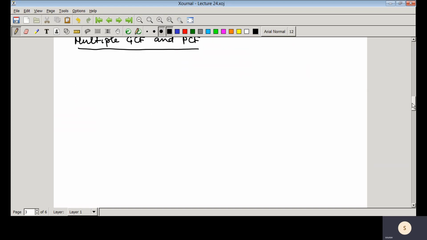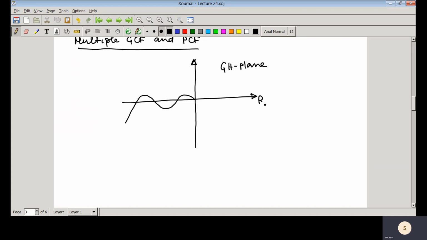First we consider multiple phase crossover frequencies. Phase crossover frequencies means the plot would cut the minus 180 degree axis. Suppose we have this type of plot. We are just showing a part of the Nyquist plot, of course in the GH plane. This is the real axis, and this is the imaginary axis. Suppose you have the critical point here.